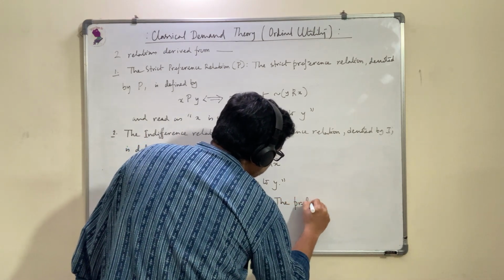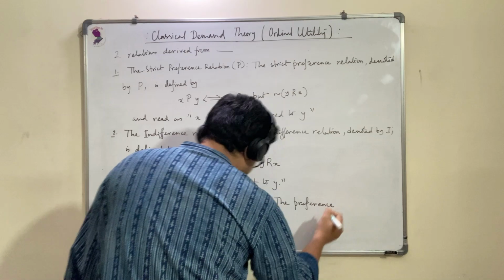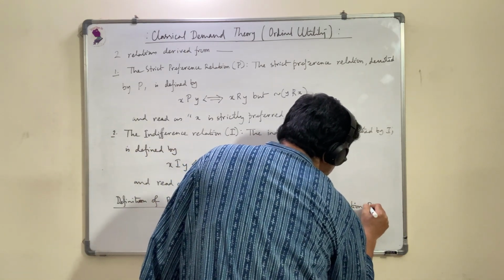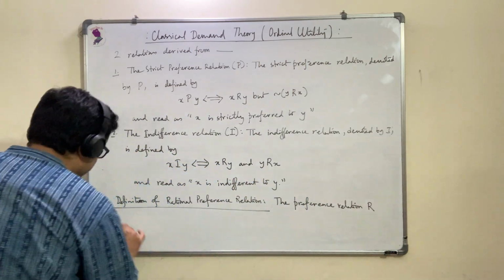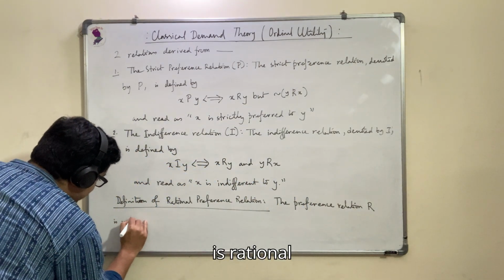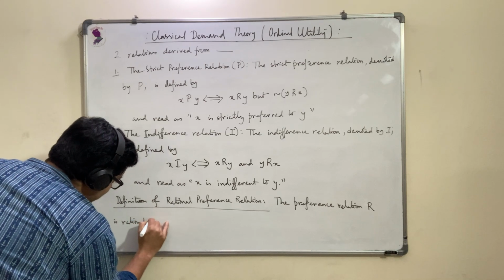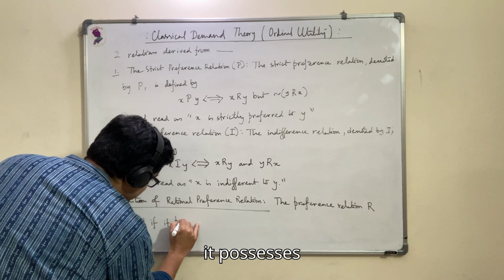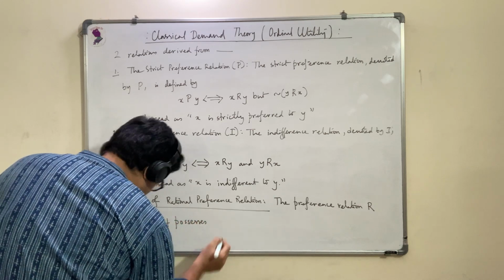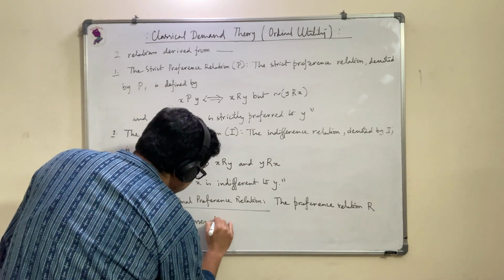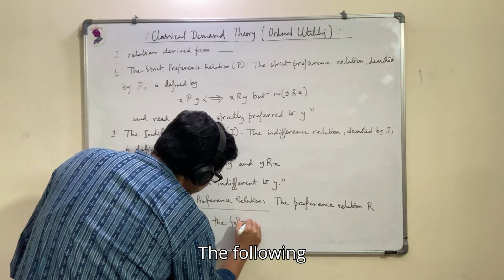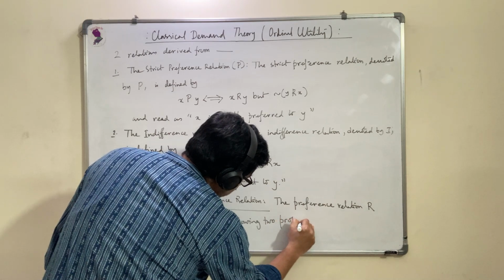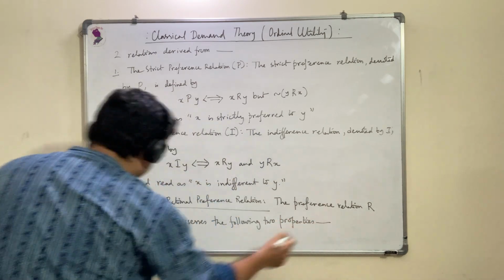The preference relation R is rational if it possesses the following two properties.